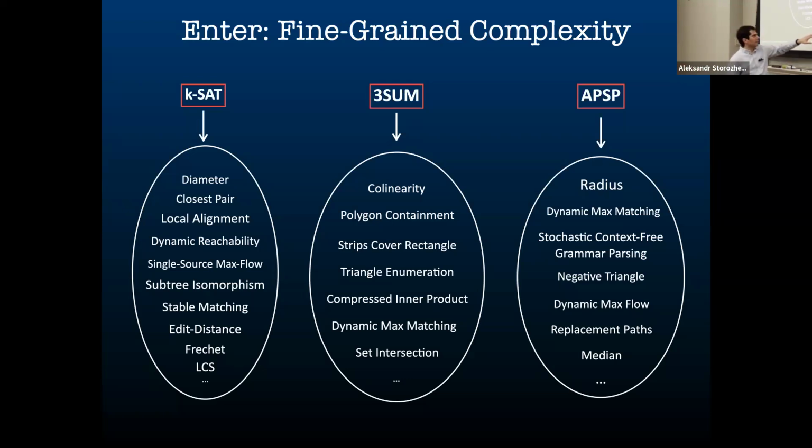So showing that for any problem in this class, and there's dozens of them, whatever bound you have now cannot be improved by a polynomial factor. The exponent cannot be improved unless you break the conjecture on top. So this is fine-grained complexity.